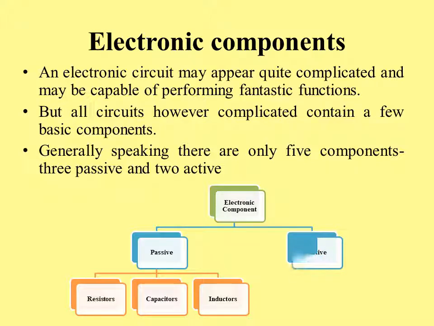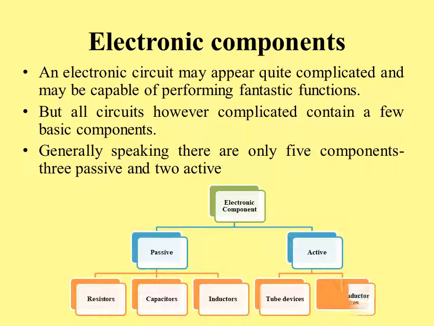There are only 5 basic components. Out of these, 3 are passive and 2 are active. In the chart below, it is seen that electronic components are divided into passive and active components. Passive components are resistors, capacitors, inductors, and active components are generally tube devices or semiconductor devices.